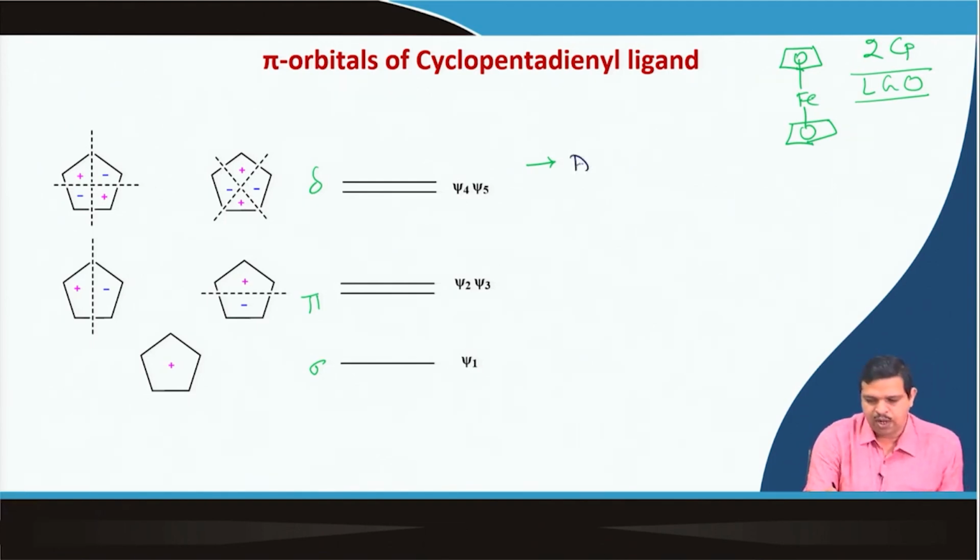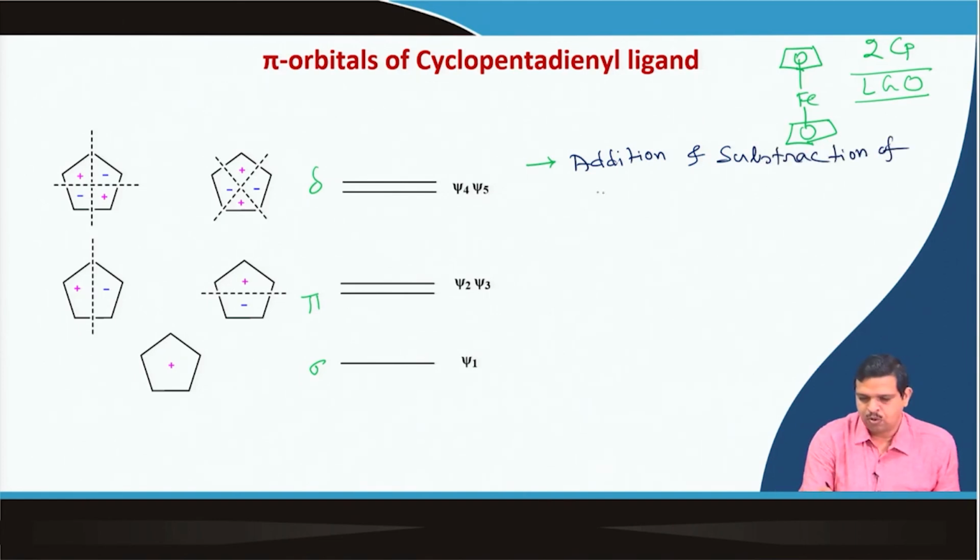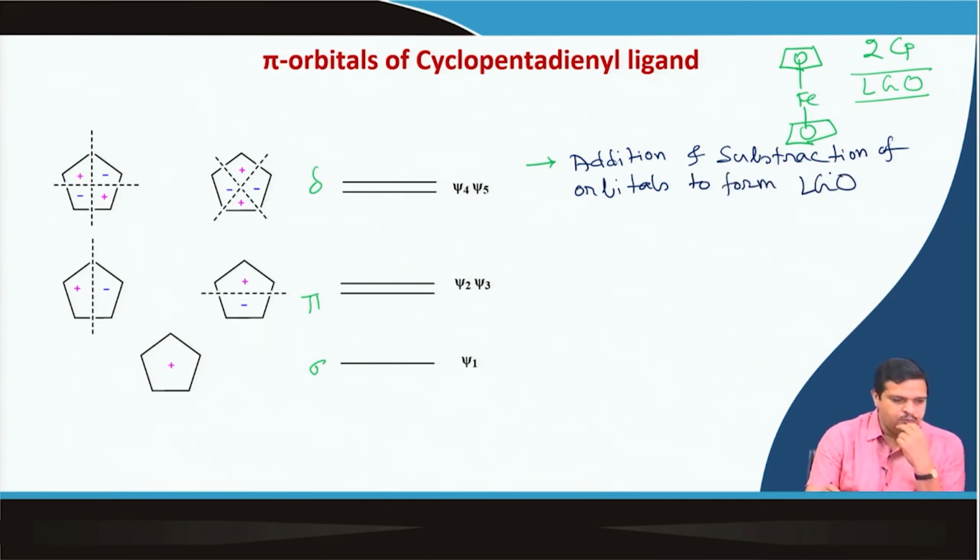So what we will do is the addition and subtraction of orbitals to form LGO. Then we will construct the molecular orbitals present in the metal Cp bond.